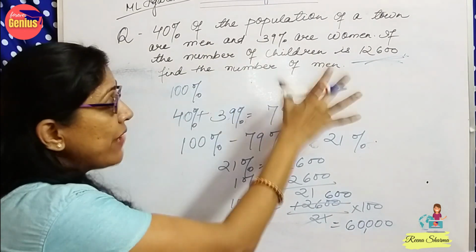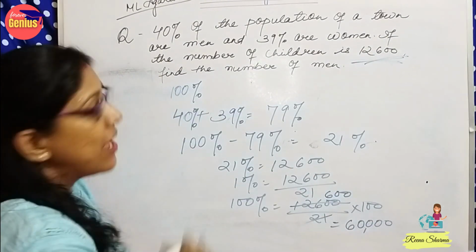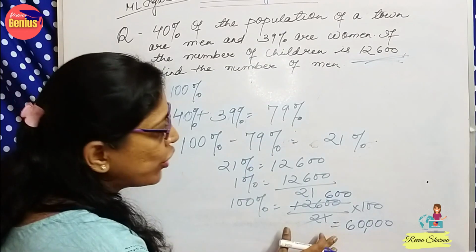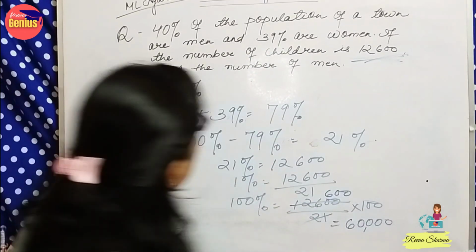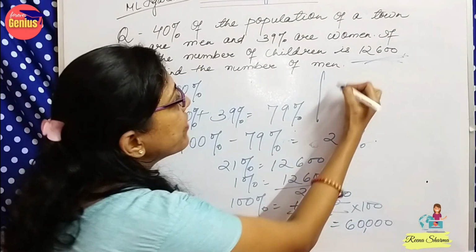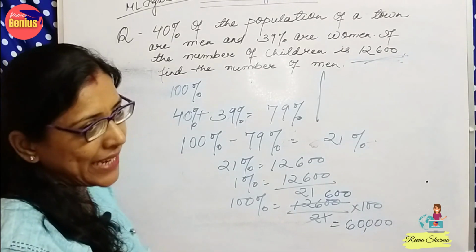But if in the question they would have asked the total, then I could have written 60,000. But they are asking what is the total number of men. So what to do? In this case, I will simply solve it like this. When I know 100%, can I find 40%? Yes, I can find.